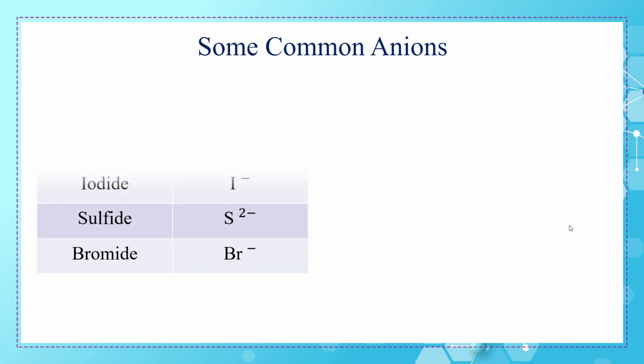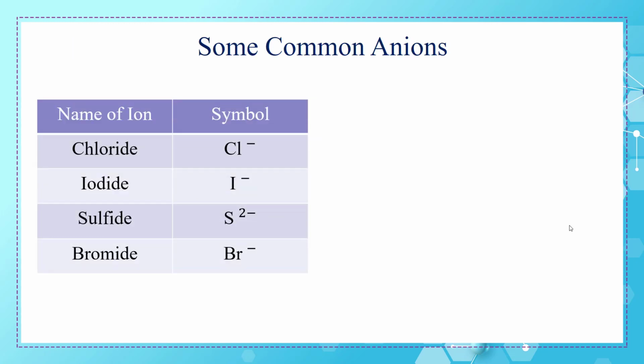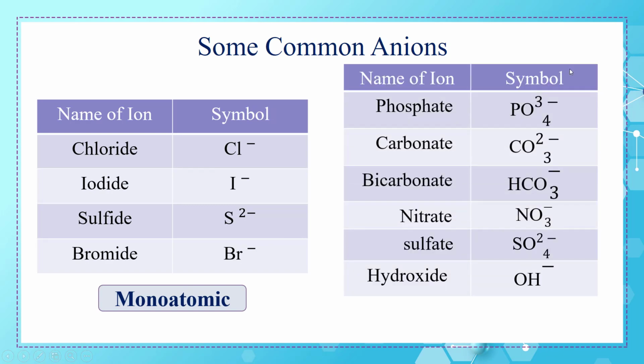What else? Some common anions. Here I have a table that represents some anions which have negative charges. Each anion is made up of one atom, so they are monoatomic anions. Do we have polyatomic anions? Surely yes. Look here, we have the phosphate, PO4 3-, carbonate, CO3 2-.